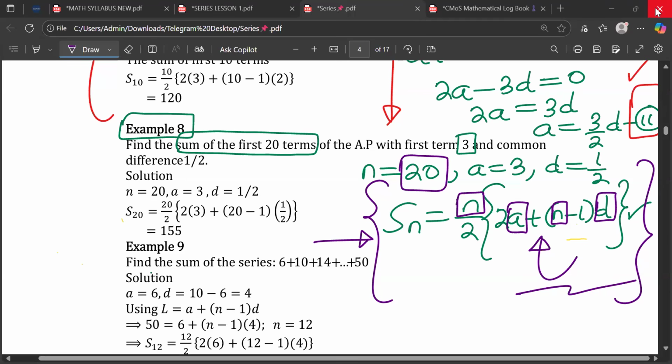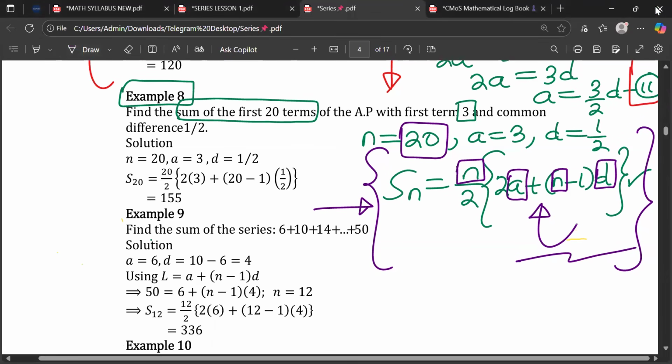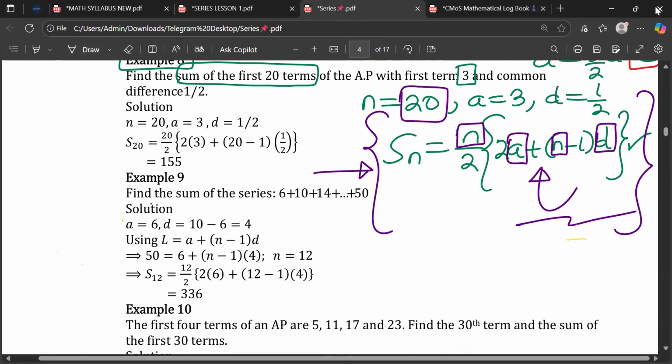But we shall not be there to spoon feed you each and every time. Me coming here to do over 20 numbers with a very fake foundation doesn't make me feel good. But if I give a very strong foundation, even if I don't do any example, I know I've left the right people. So do you people see how easy that is? It's simple interpretation and substituting in the formula.